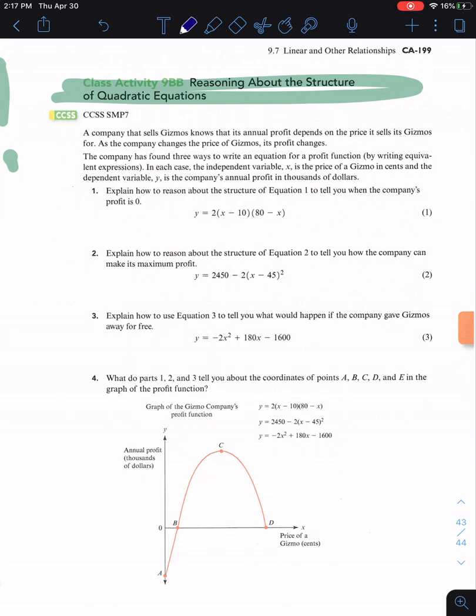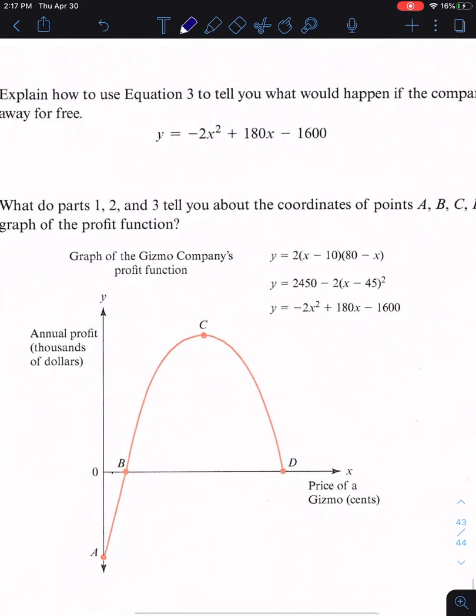So, for example, on the graph here, if we sell the gizmos for almost nothing, it's going to cost us more to make them than we're going to make from it. So our profit is going to be negative. If we can make them fairly cheap, then we're going to sell more of them, so our profit is going to be more.